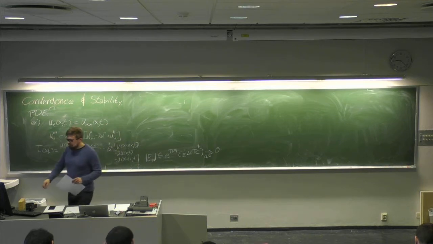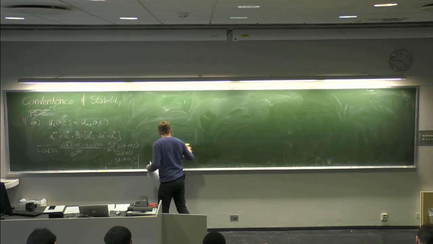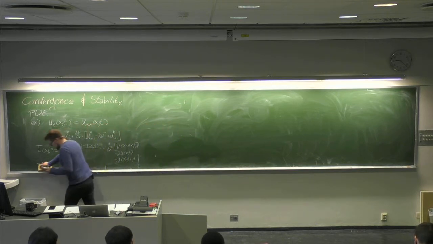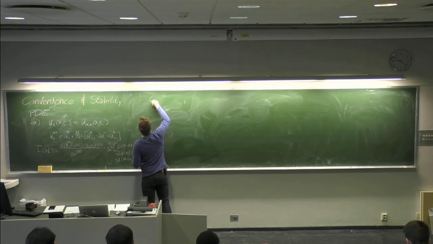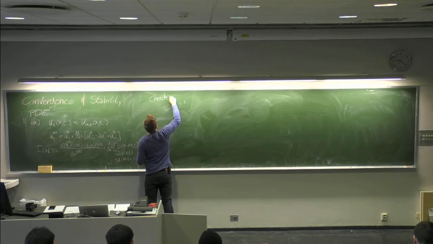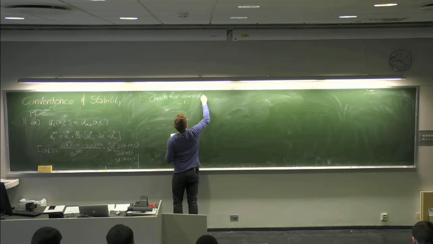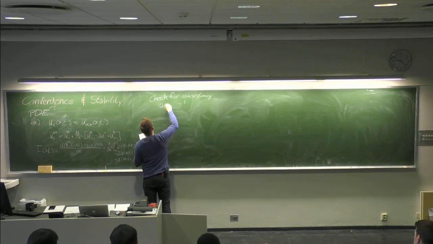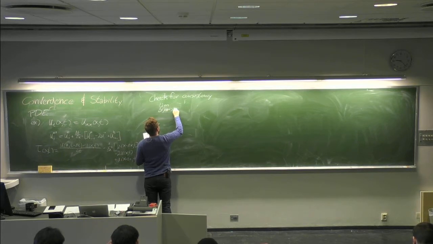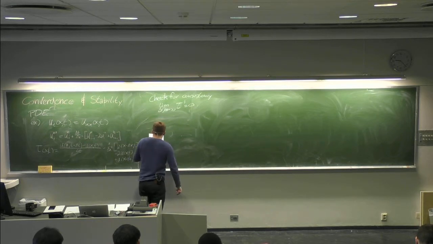So first we can check for consistency. Consistency is easy. You look at the limit as delta x and delta t both go to 0 of the truncation error, which should be 0.